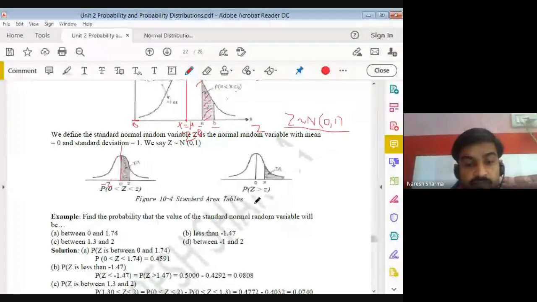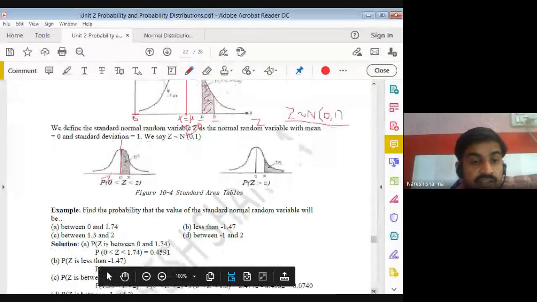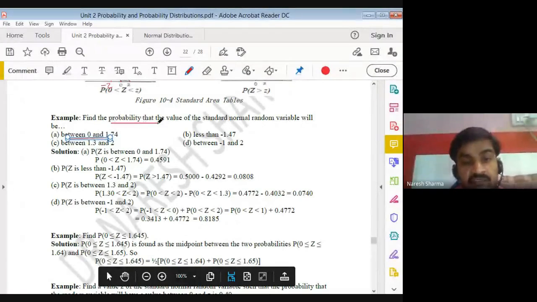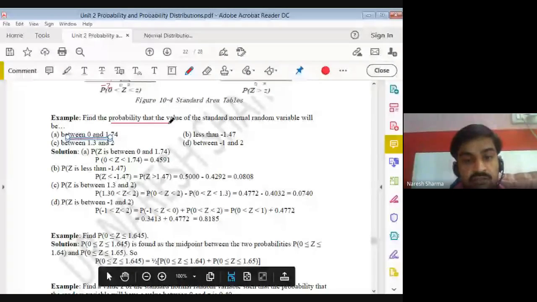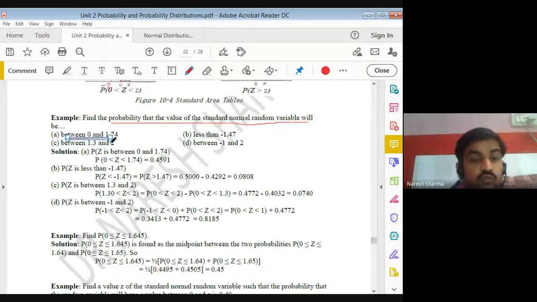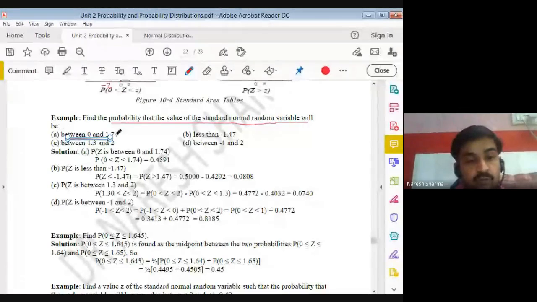Here we have an example. In this first part, we are interested in finding the probability that the standard normal random variable lies between 0 and 1.74.